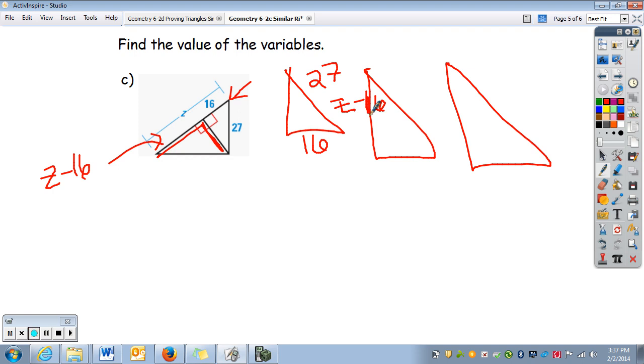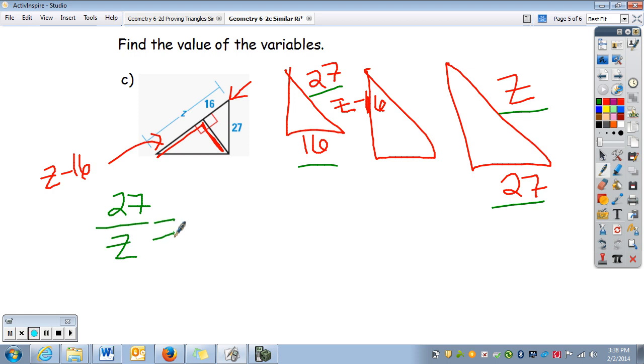And then we have our bigger triangle, where we have 27 as my short, and z. Well, taking a look, I have short, hypotenuse, hypotenuse, short. I can set my proportion. So I have hypotenuse over hypotenuse, and then 16 and 27 are part of the same triangle, over 27.